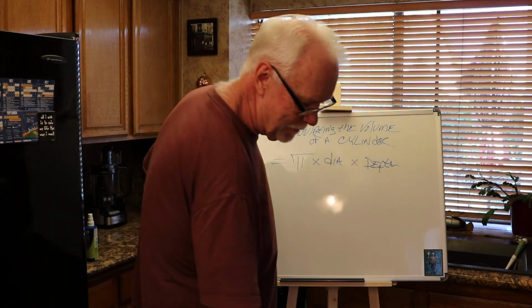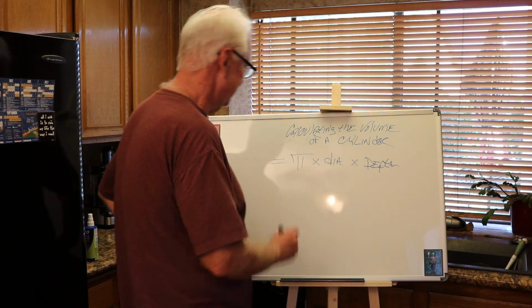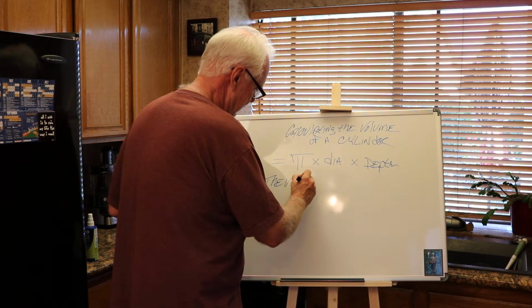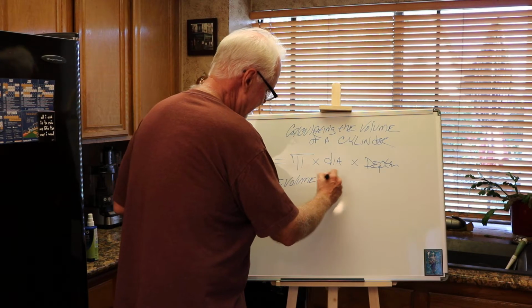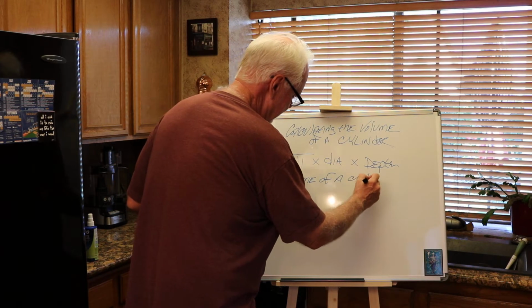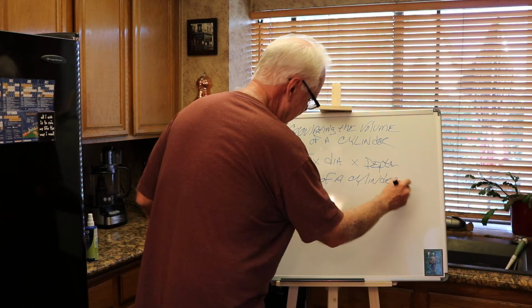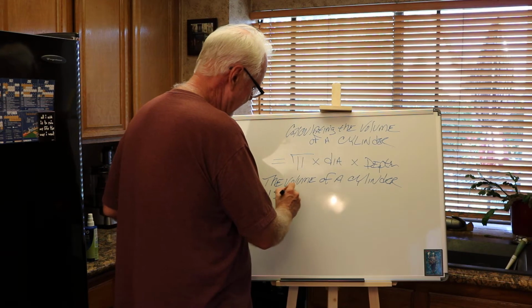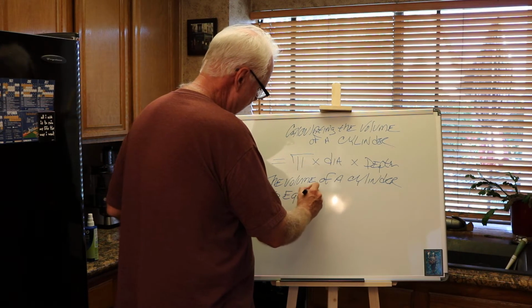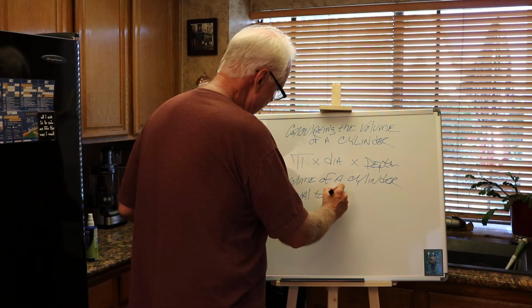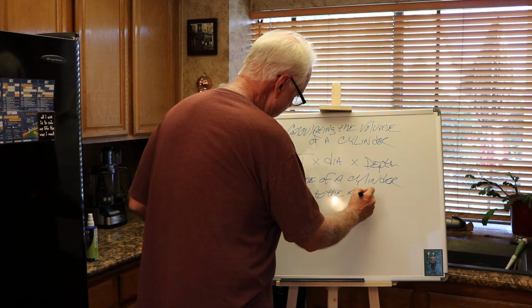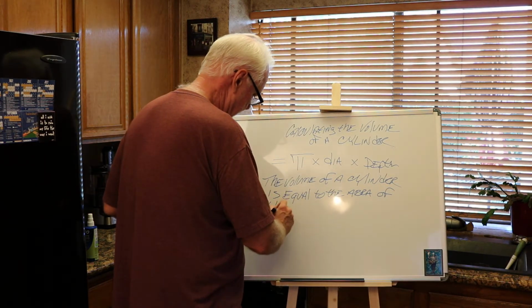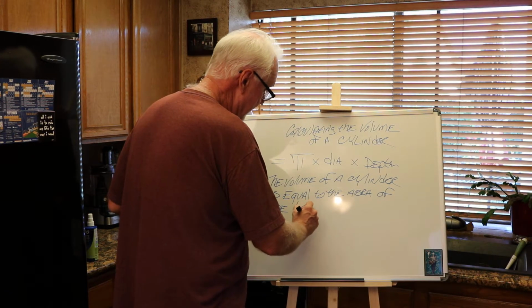Alright. So the volume of a cylinder is equal to the area of the base times the height.